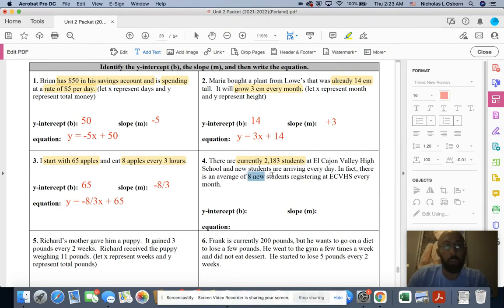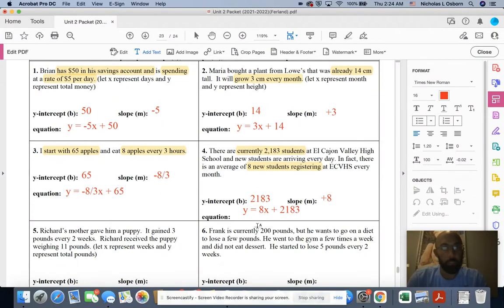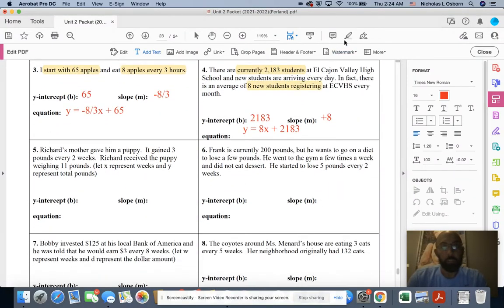So they're adding those students every month. First, our y-intercept is 2,183. Our slope is going to be +8. So y equals 8x plus 2,183 students. Pretty simple. All right, next one.